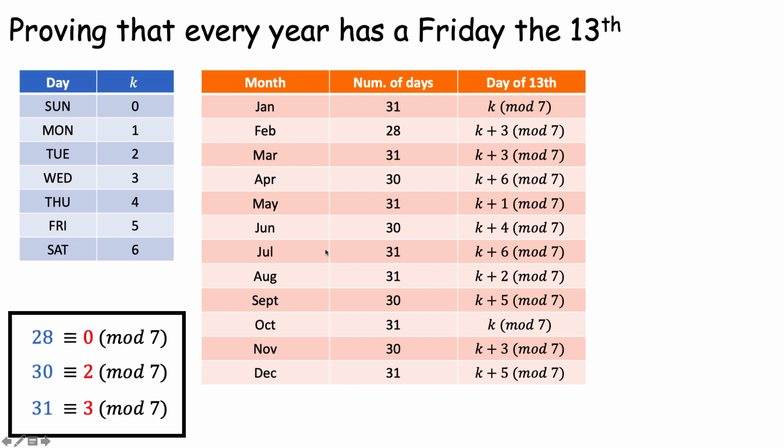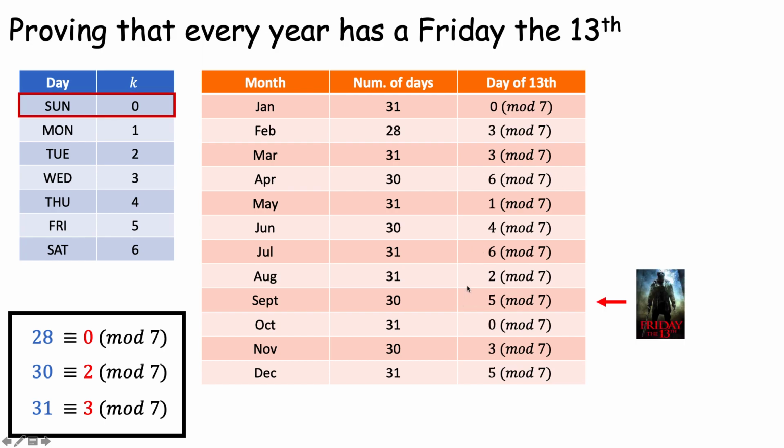And now we will see for each of these values which month for that year is corresponding to Friday the 13th. So say the January 13th of that year was a Sunday, so that is k equal to 0, and we then plug k equal to 0 into all the numbers in this chart, and we see that September of that year would have been Friday the 13th.